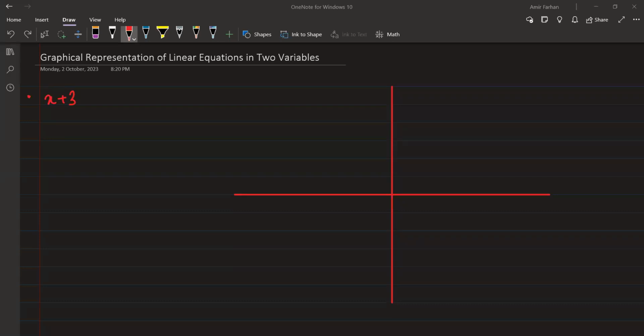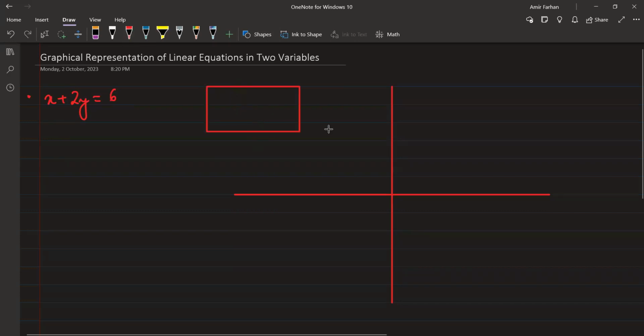Which example we were taking? X plus 2y equals to 6. Now Simrat, we have the solution of this as well, because this is the same question that we have taken in the previous example. So we need only 2 points to basically draw a graph of the linear equation in two variables.